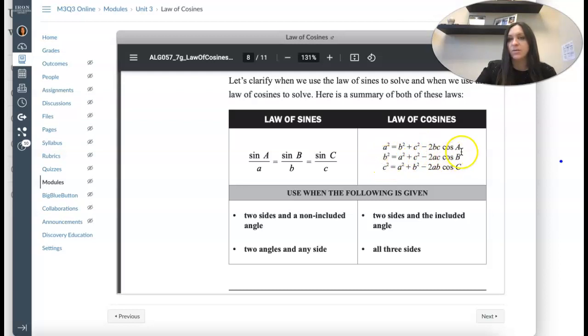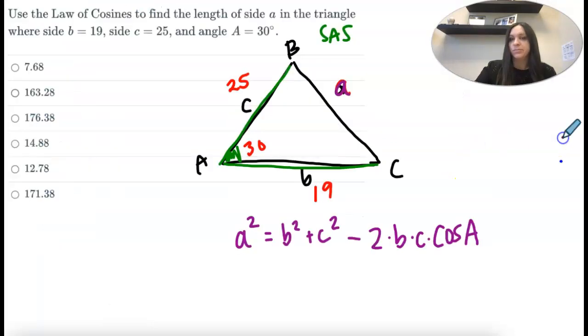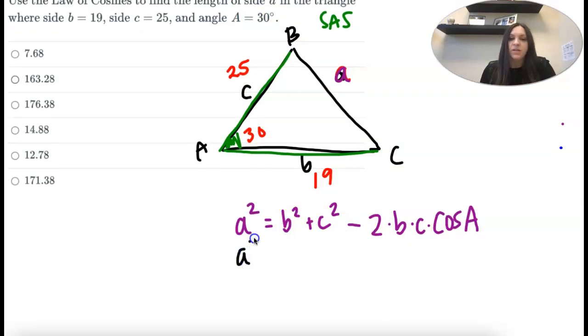It's the side squared with the angle, and then the other sides you add and square and then subtract 2 times. And I like to put times between them, or else sometimes it just looks like a bunch of letters running together.